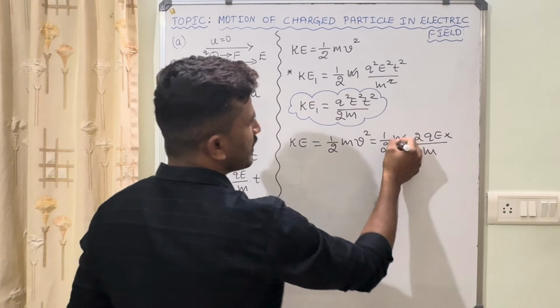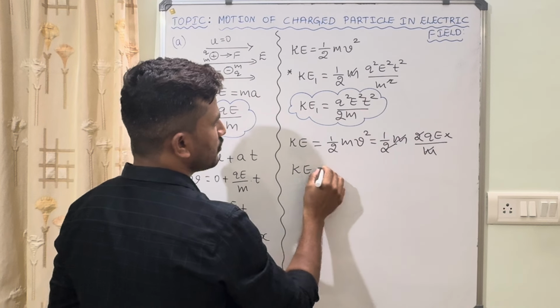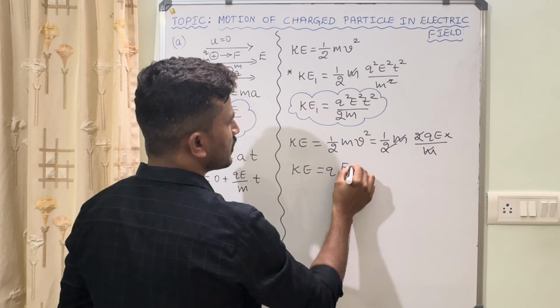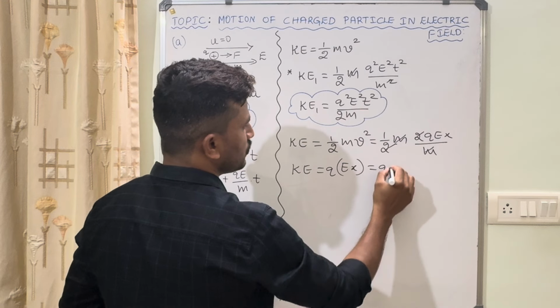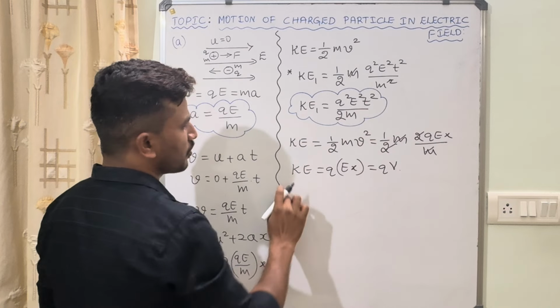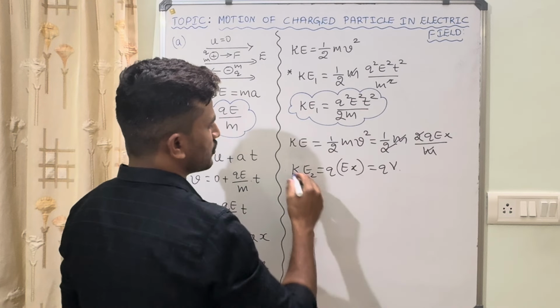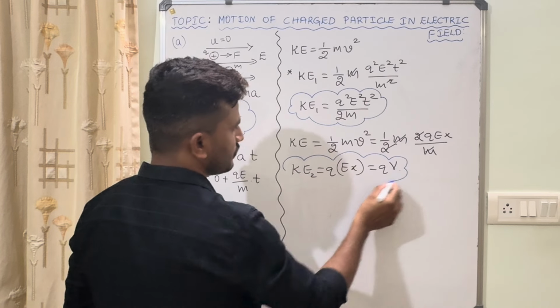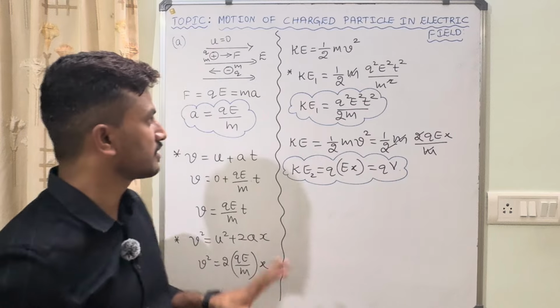Okay, so 2 gets cancelled. So, we will get kinetic energy is equal to QE into X. This E into X is nothing but V, Q into V. So, like this you will get one more formula for kinetic energy in terms of displacement or potential. Okay, this is about the first case.